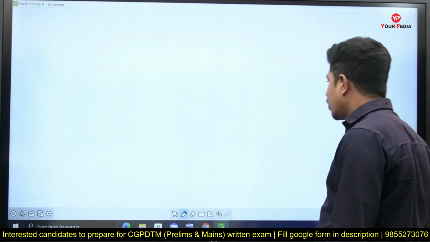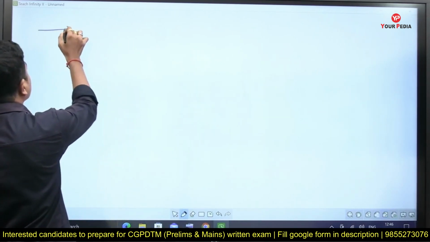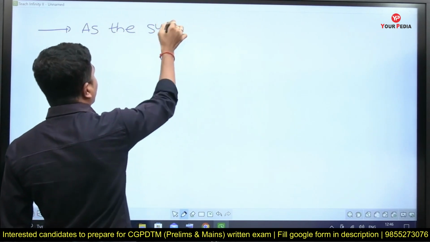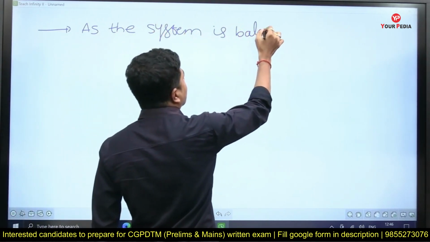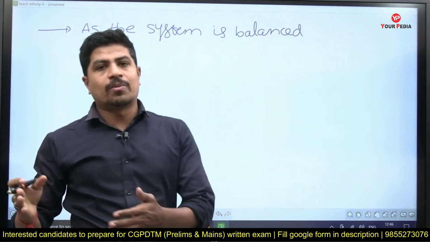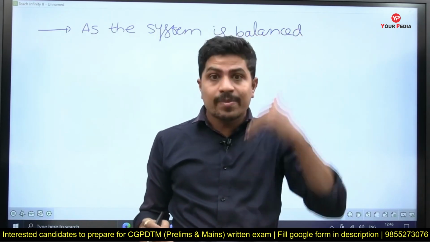Then the next point you have to write is, as the system is balanced. Why is the system balanced? The power supply is balanced, and all feeders have the same impedance.